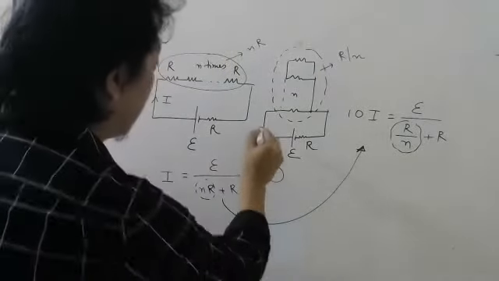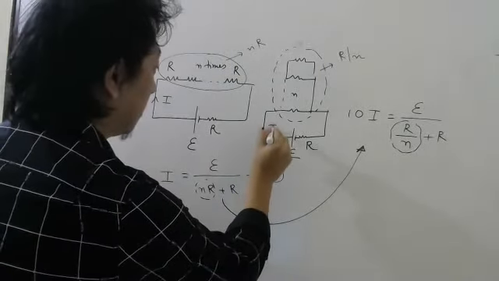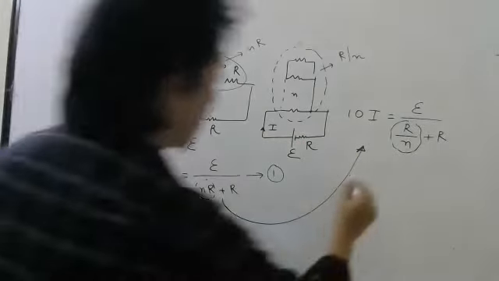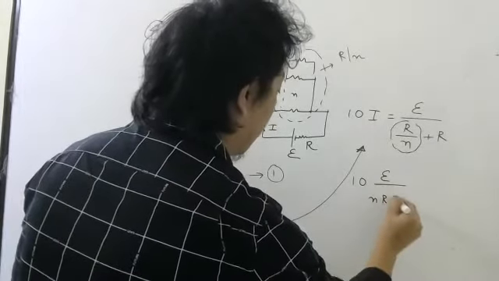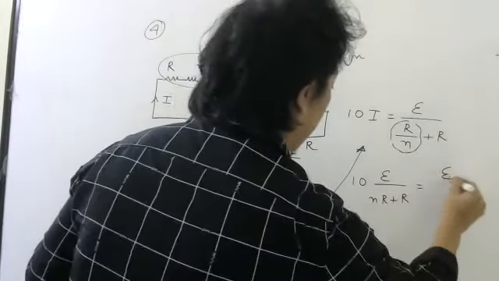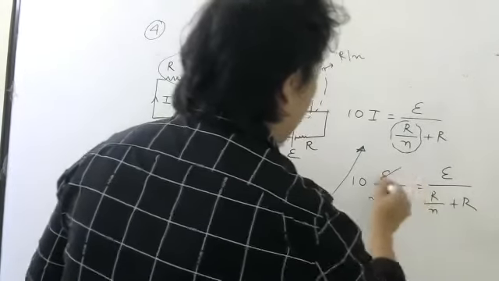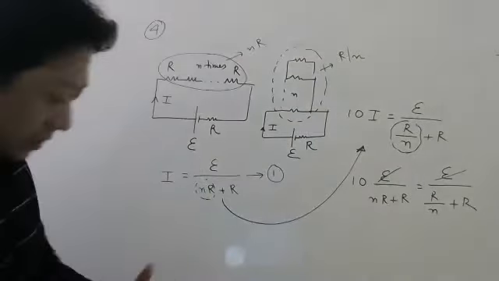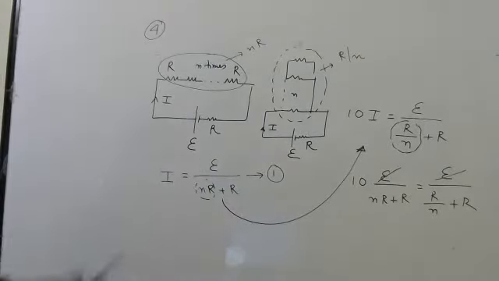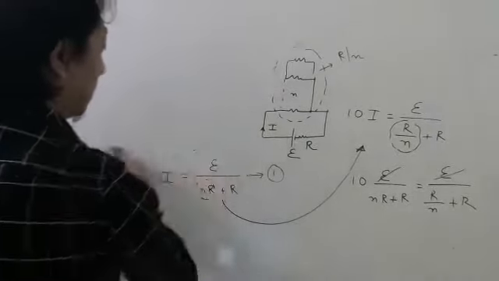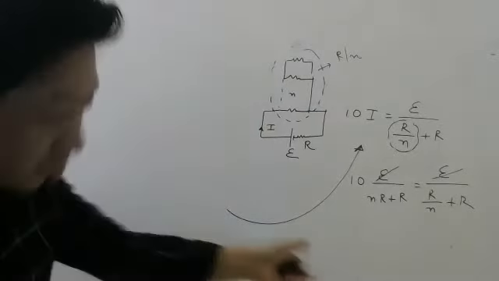Current in this circuit is 10 times this current. So let us substitute 10 into E by NR plus R, that will be equal to E by R by N plus R. E cancels. R I can take common and cancel.